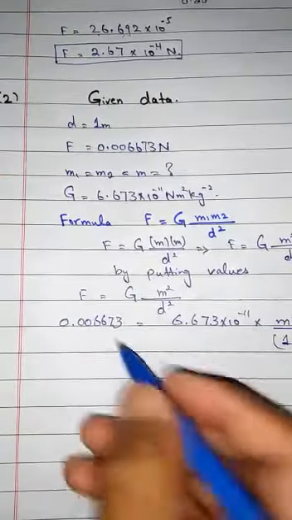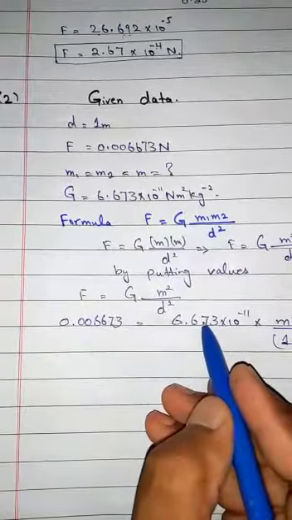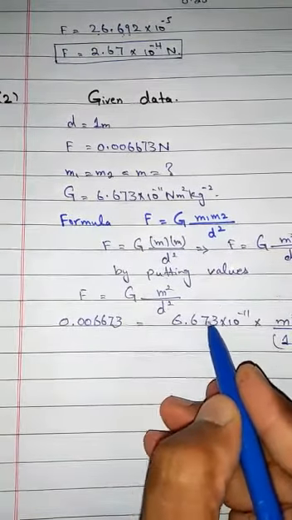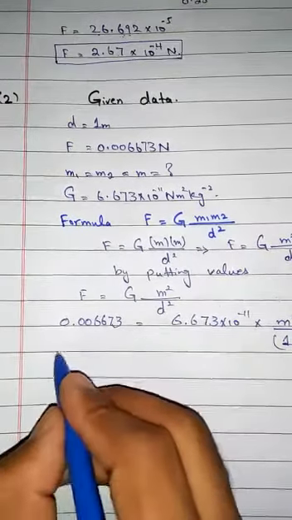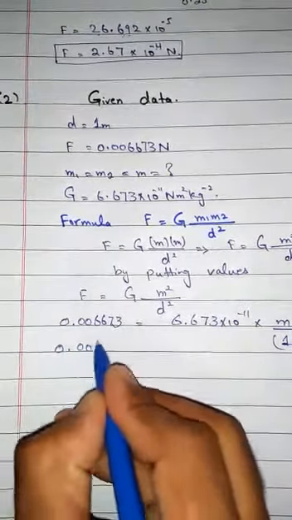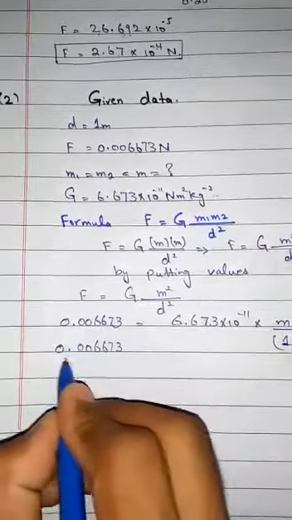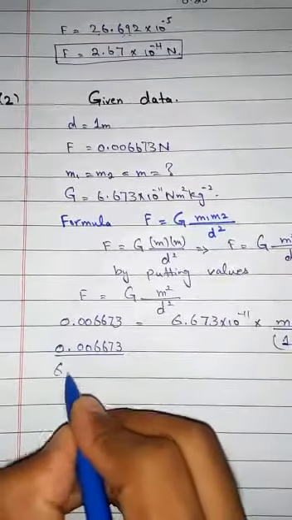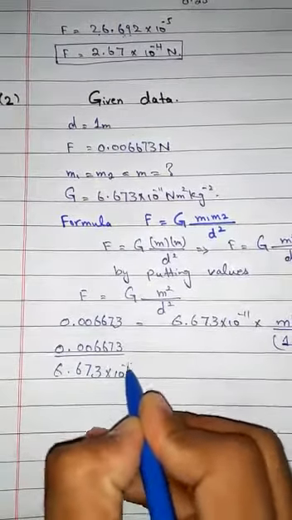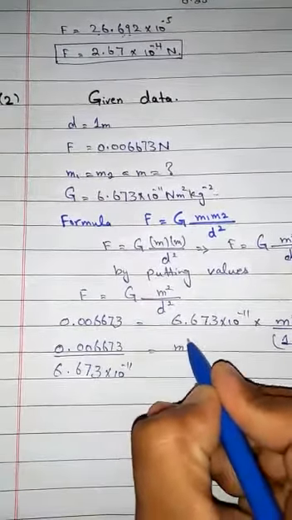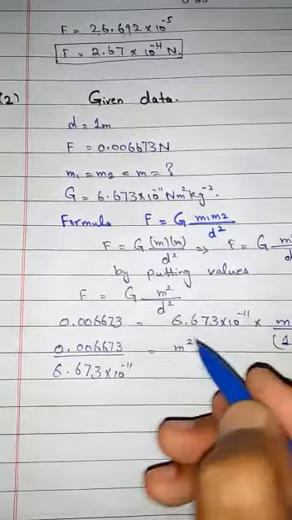By substituting these values, since it is multiplicative, when we take it to the other side it will be in divided form. So we can take it like this, divided by 6.673 times 10 to the power minus 11, that is equal to m square.